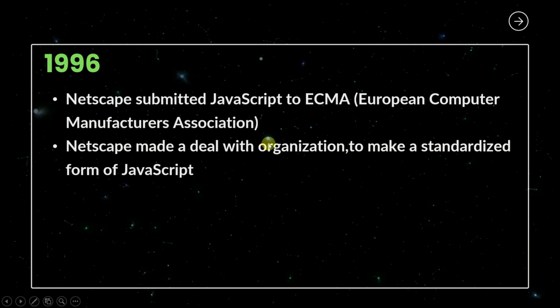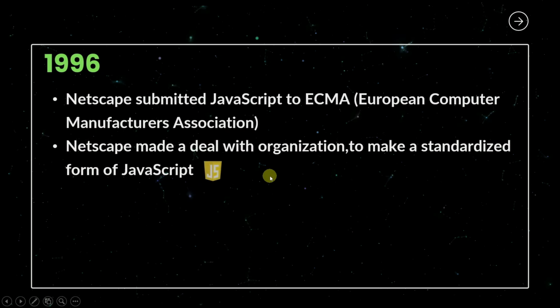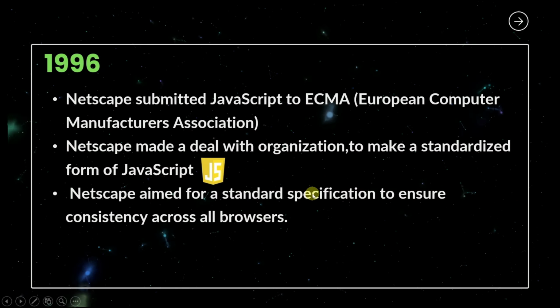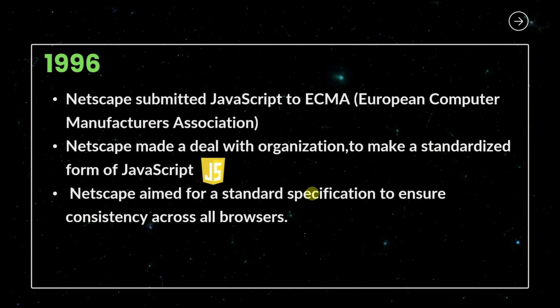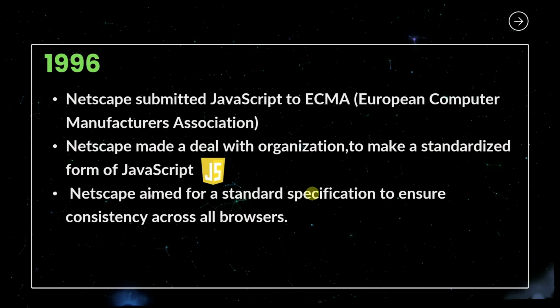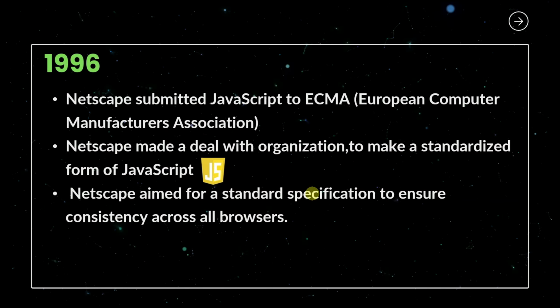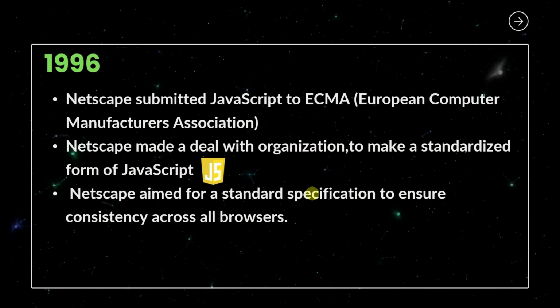Netscape made a deal with this organization to make a standardized form of JavaScript. And why did Netscape do this? Because they aimed for a standard specification to ensure consistency across all the browsers. Whatever language was used to create websites should have a specification so that consistency would be maintained across all browsers.